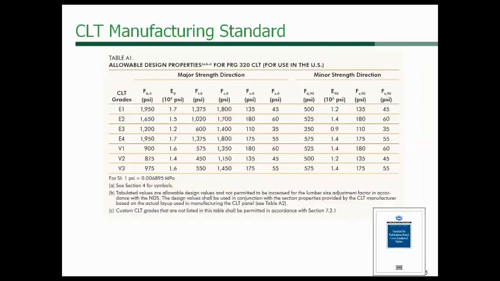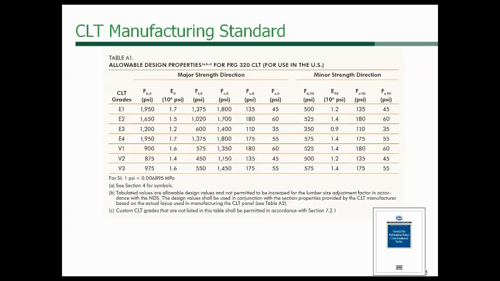Now, when you go to the Appendix 1, this is going to provide allowable design properties for the grades of CLT. This represents the production that's intended for use by CLT manufacturers in North America, and it is based on the layups that are shown.